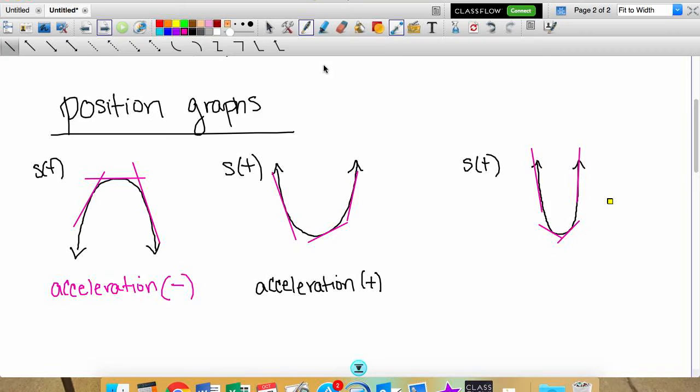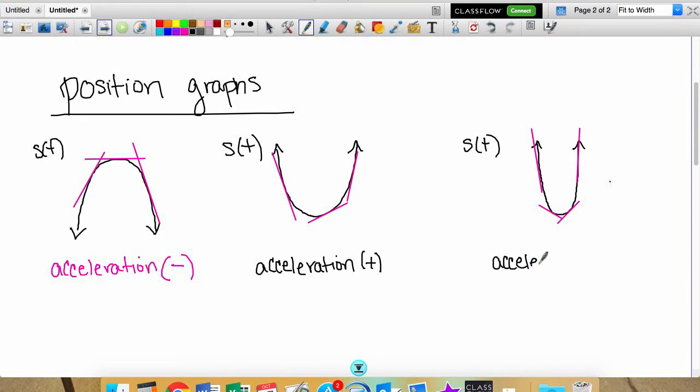So here the acceleration is also positive. The reason why I'm pointing this one out is because I want you to compare it to the previous example. In both examples where the parabola opened upward, the acceleration was positive. But the acceleration of the previous graph is definitely less than the acceleration of the second graph because the slopes changed more rapidly, which means the acceleration was greater.